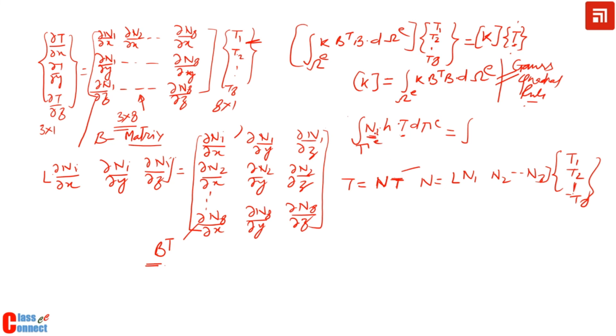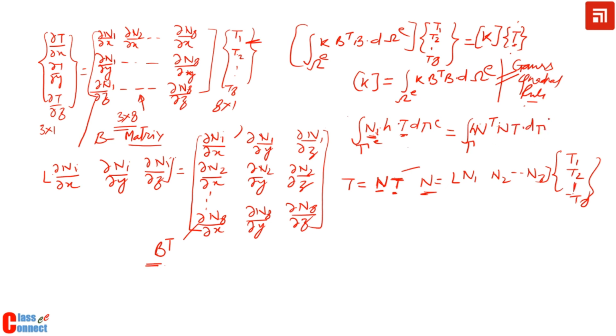So here, when we write this for nodes 1 to 8, I will be having N1 h T, N2 h T, N3 h T and so on. So it means it is coming in a column. So this will be N transpose. So I will be writing here N transpose, h I can take even outside, and this T is given by N into T. So it is N into T on the boundary.